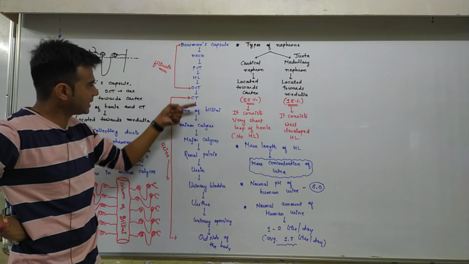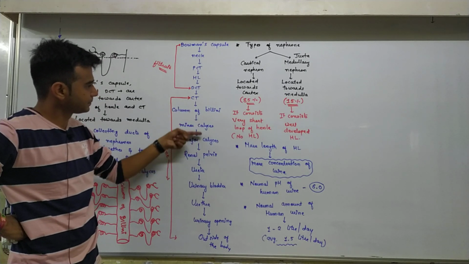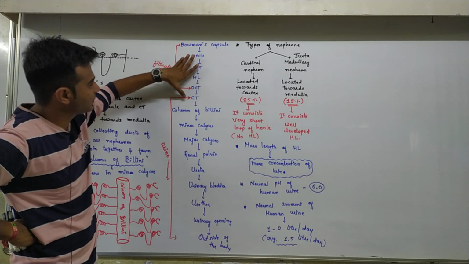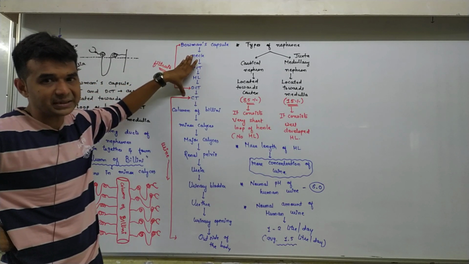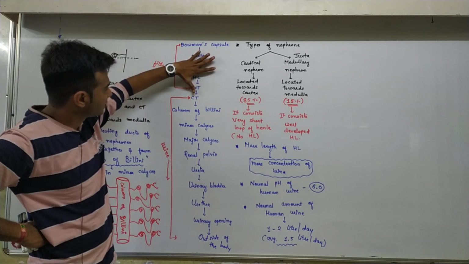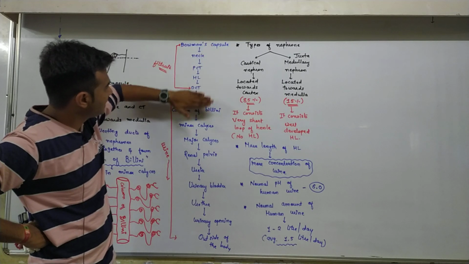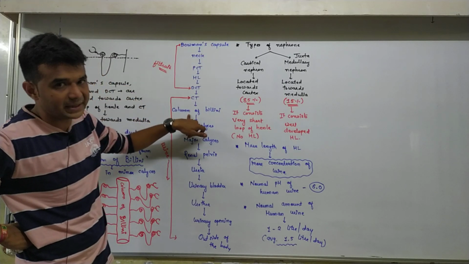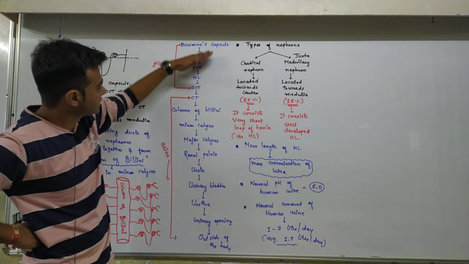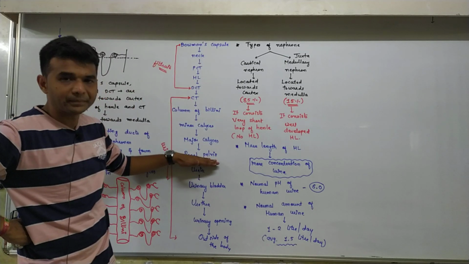So these are the parts of the kidney. These are the parts of the pyramid and these are the parts of the nephron. Dear students, please understand this. These are the parts of the nephron. This is the part of the pyramid up to the column of Bellini, and now up to the renal pelvis. All these structures are situated in the kidney.